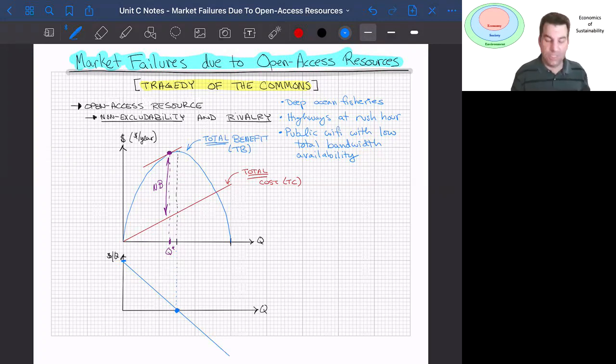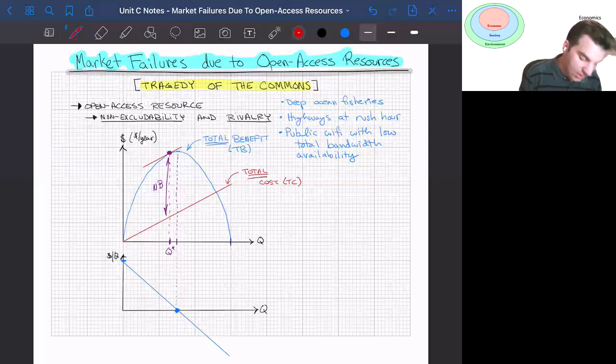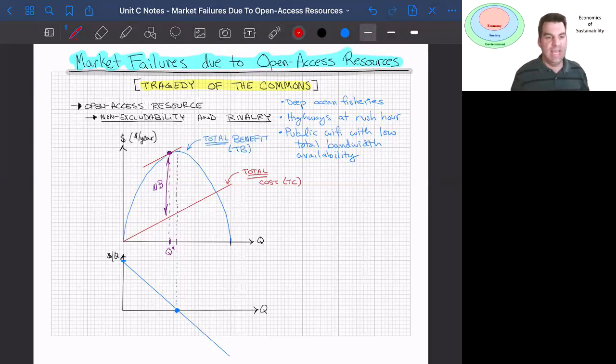Now the total cost curve, I can now draw the marginal cost curve, which is the derivative of that line, and that's just going to be a constant. It's going to be a straight line at whatever the marginal cost is. So if it's ships in a fishery, it's like the cost per ship. And so I could draw that there, and that will intersect at this point.